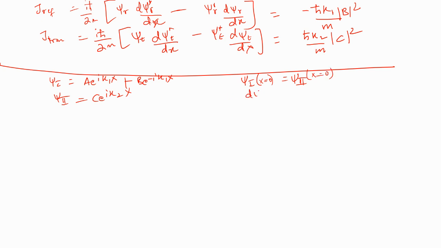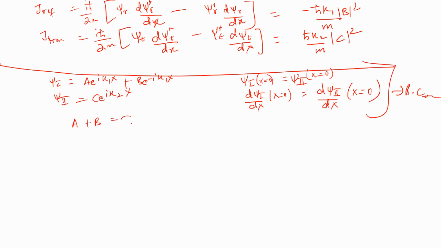And d psi 1 by dx at x equal to 0 equals d psi 2 by dx at x equal to 0. This is the boundary condition. So when I apply the first boundary condition, a plus b is equal to c, right? Any problem?